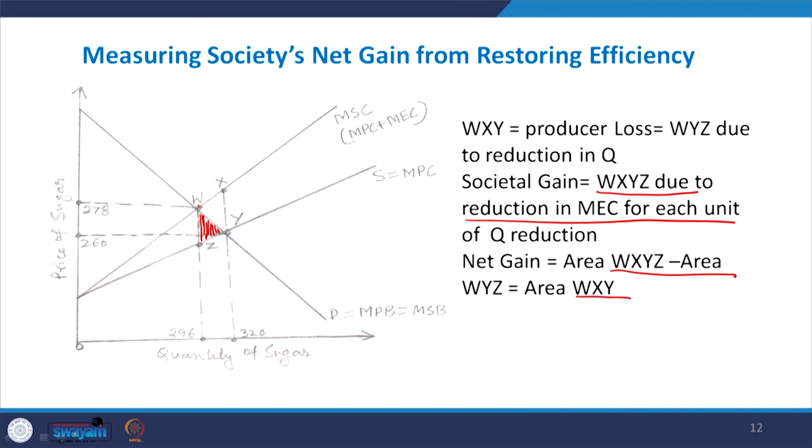So, this is the net gain the society is getting due to reduction in pollution, or due to addition of marginal external cost in the private cost, or when the polluter is paying the cost of the pollution, then society will gain.